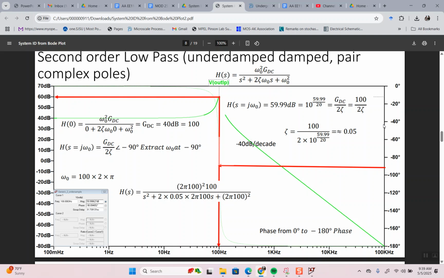But again, just like I showed in the notes, I draw out a 0 slope line here, I draw out a 40 dB per decade line here, and it'll intersect, and then I can find everything. So omega naught is still 100 hertz. What changes is now we're at almost 60 dB. We convert that to linear, and we get a damping coefficient of 0.5, which is really underdamped.